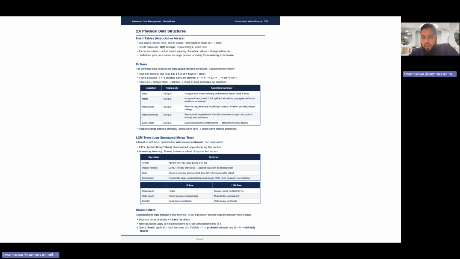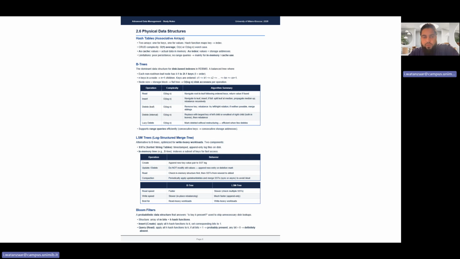In the worst case, if the tree is very tall, accessing will be difficult. Insert: navigate to the leaf and insert. If the leaf is full, split it around the median, propagate the median up, and rebalance recursively. So in the worst case, if it is full, it will be complex, and its complexity is big O of log n.